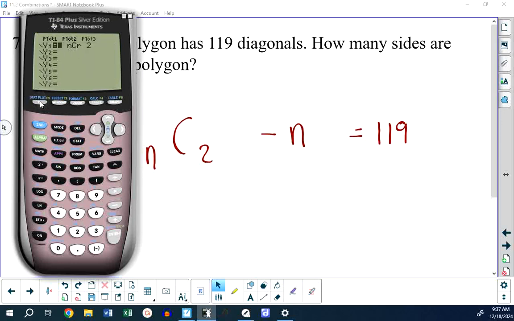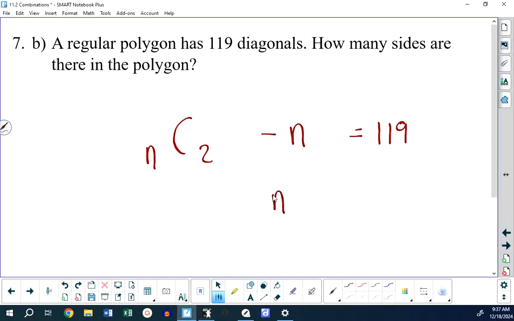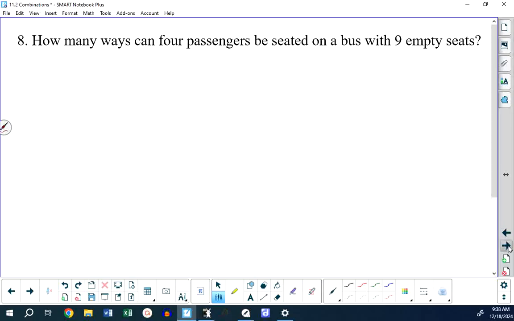Let's go to our calculator and enter x choose 2 minus x and go table exploring and find out where we get 119. 17 sides.